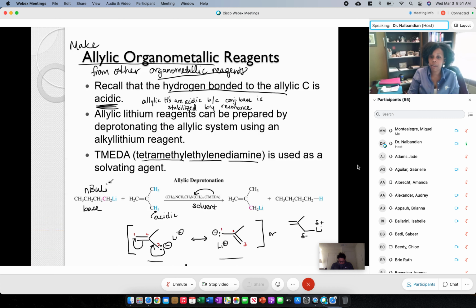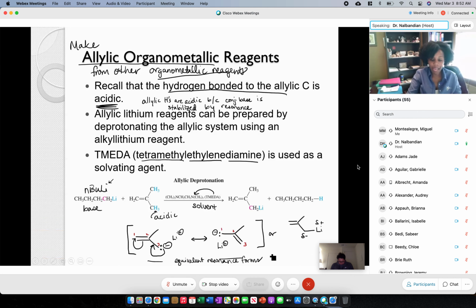Remember how we talked about equivalent resonance forms? These two are equivalent resonance forms. So if this was our intermediate here, you would only make one product because these two resonance forms are equivalent.